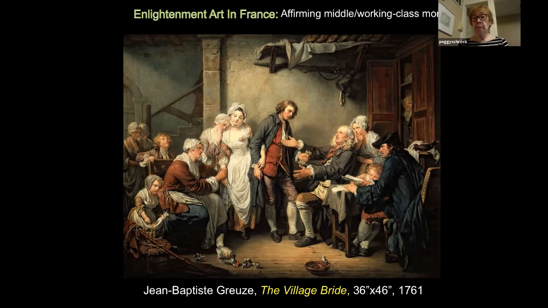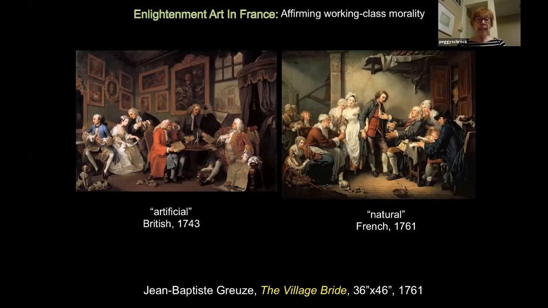And I can't help but see this in relation to the one we looked at last time, Hogarth's, from slightly earlier, but it really doesn't matter. They're both influenced by the Enlightenment. And here we have on the left that artificial arranged marriage between the aristocracy and the middle class merchant, and it's nothing but immorality. We know that this whole story ends badly, when someone gets murdered and commits suicide, and it's just a really bad match.